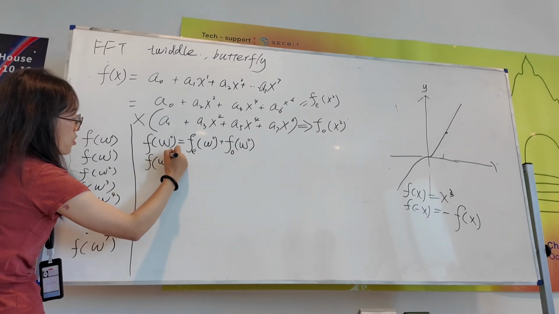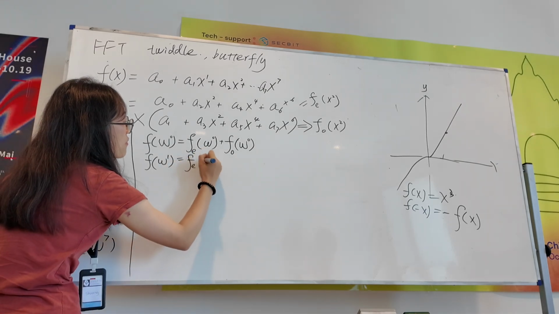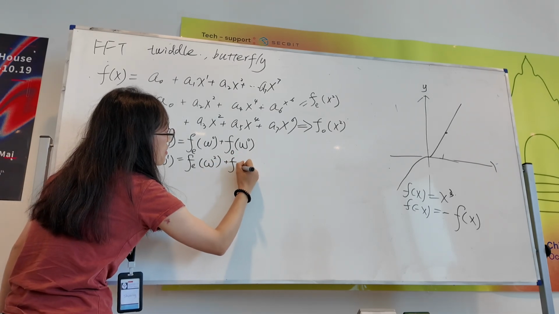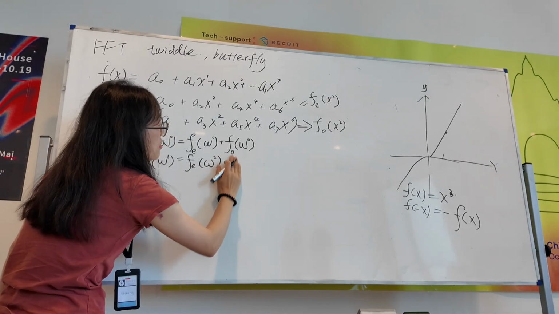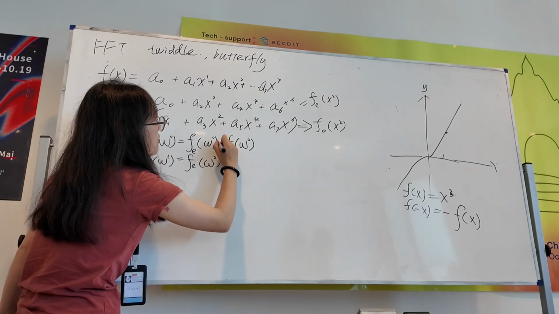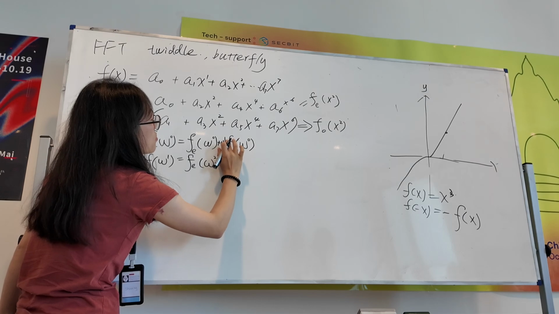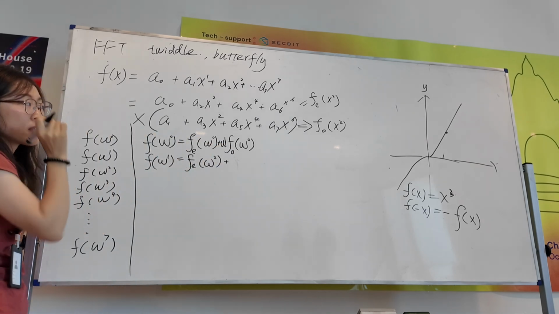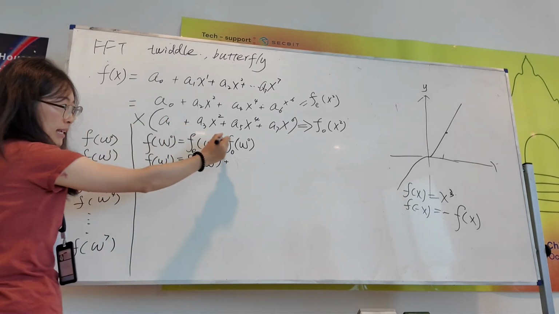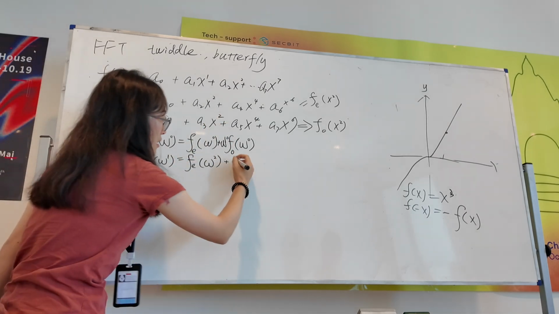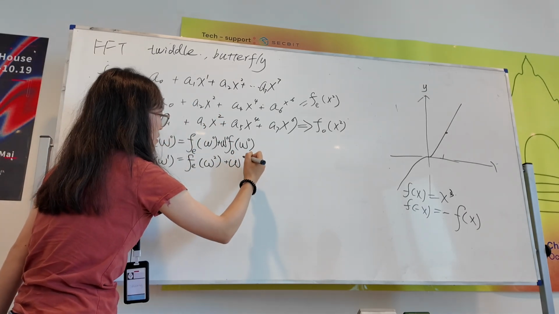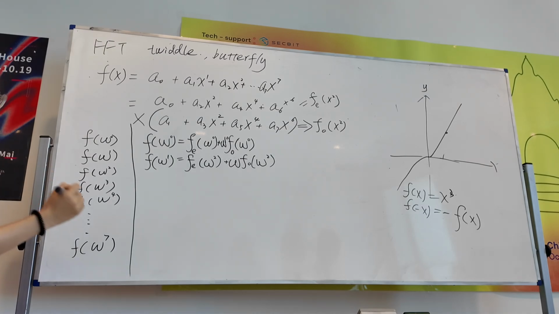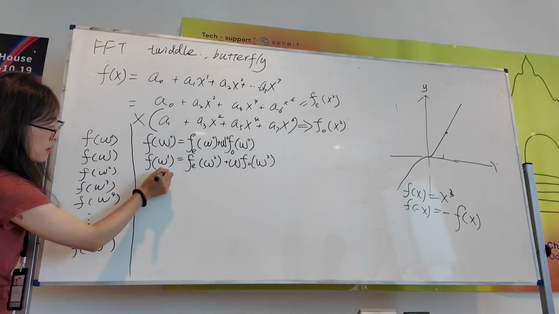Then I have f(omega^1), which is also f even of omega squared plus f odd. Here we should have an extra omega because I'm working with omega^1. And omega^2.